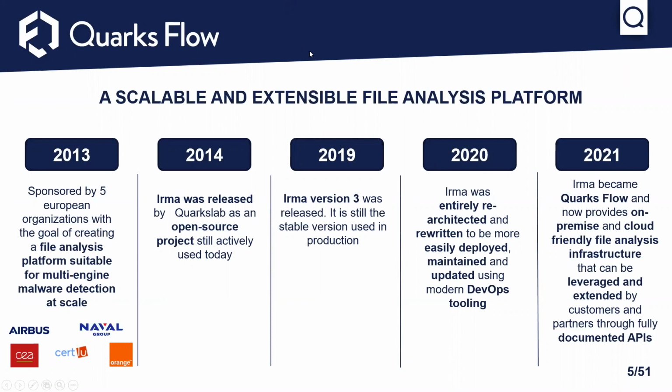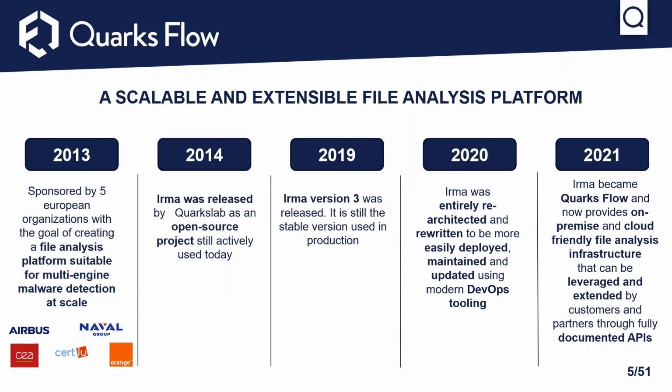The first version was released as an open source project in 2014. It is still actively used today. It has evolved over several years, and newer versions were released. Version 3 of IRMA, which is a stable version that is used in production today, and was the core of our commercial offering up till last year, was released in 2019.